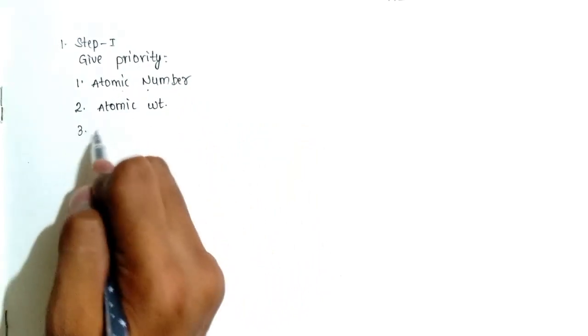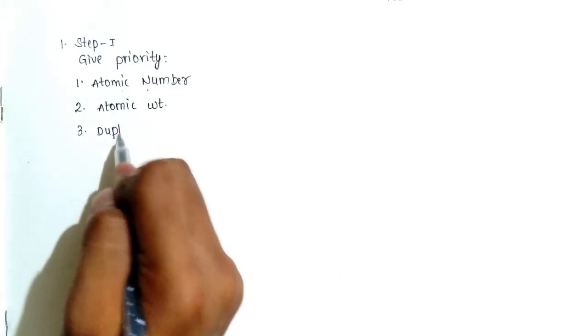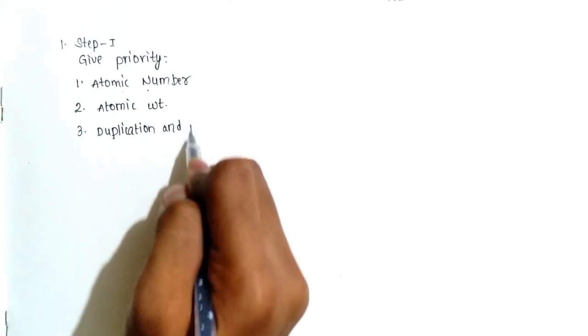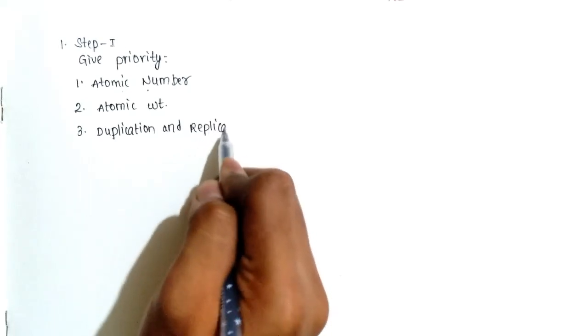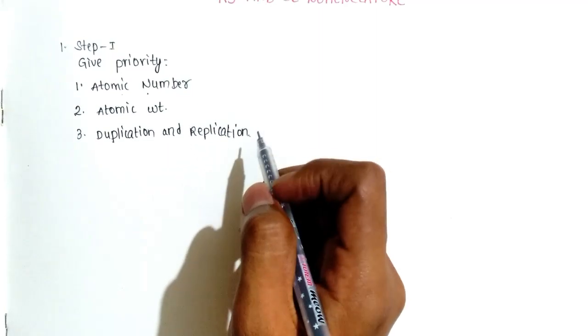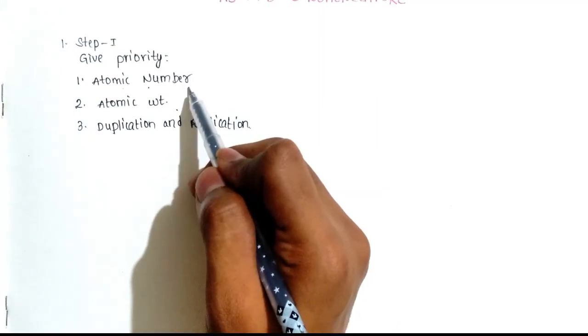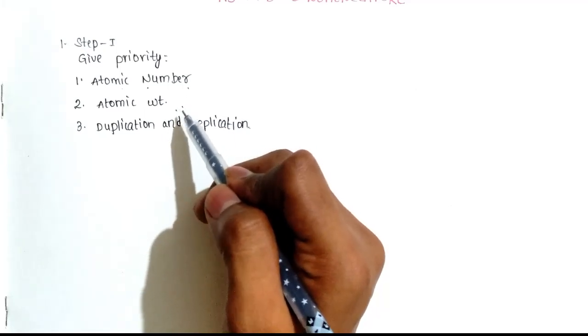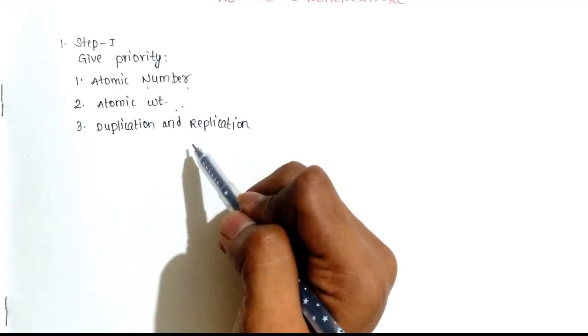And the third rule is duplication and replication. Remember, only if the atomic number is the same, then we have to go to atomic weight. If atomic number is also the same, then go to duplication and replication.